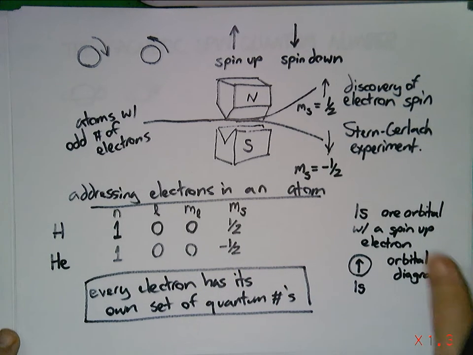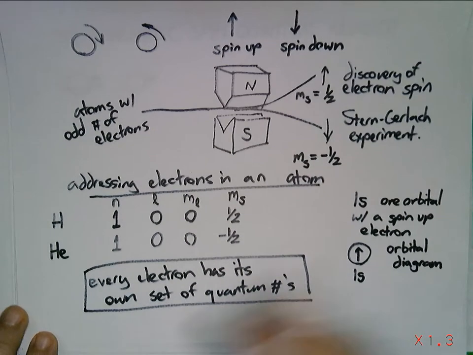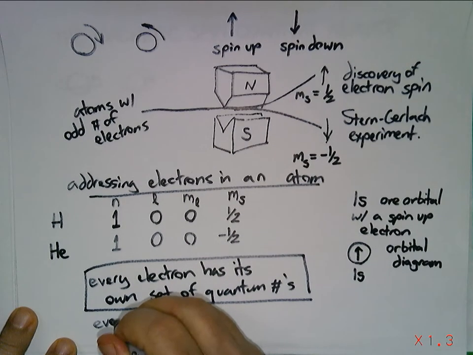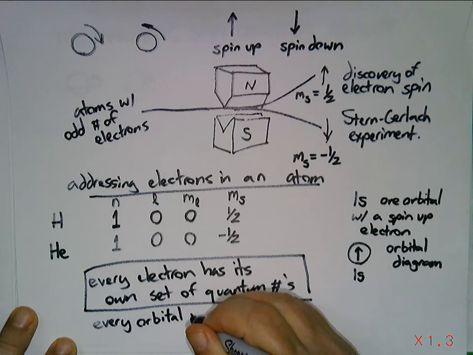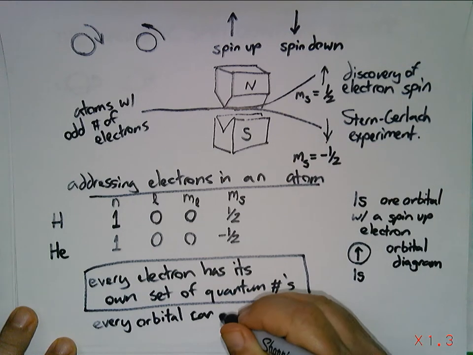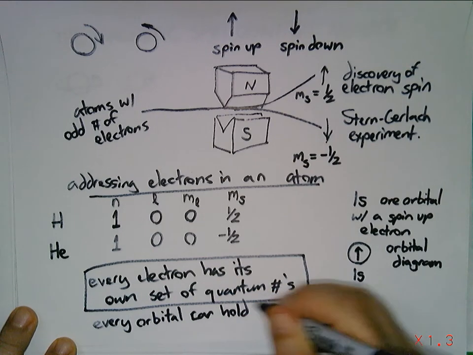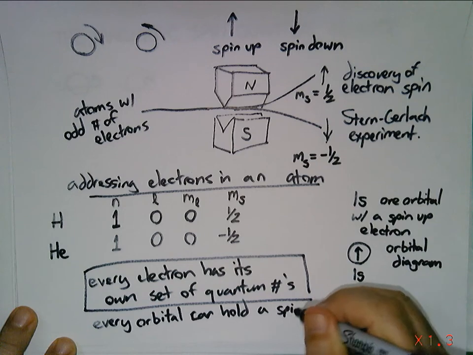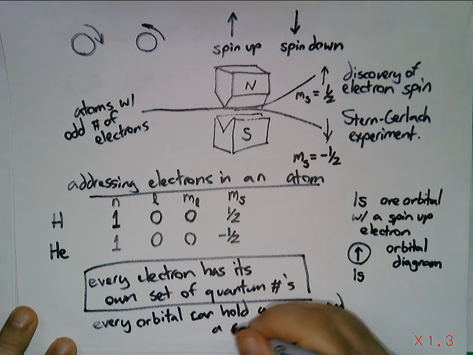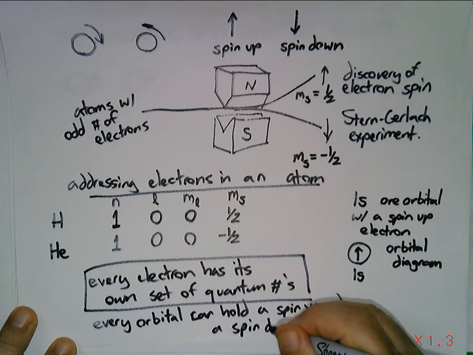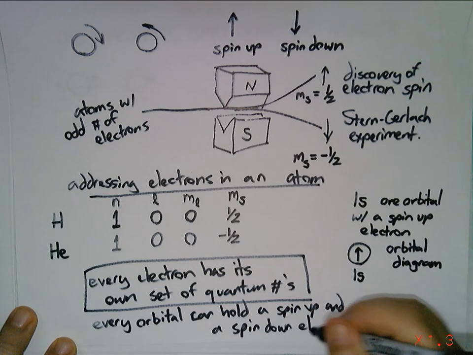Another way that I can say this is that every orbital can hold a spin up and a spin down electron.